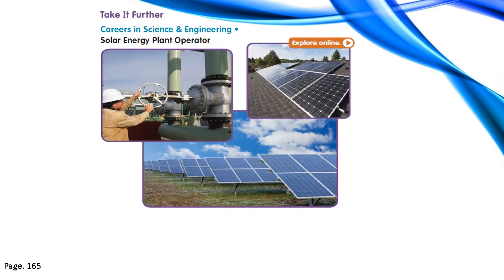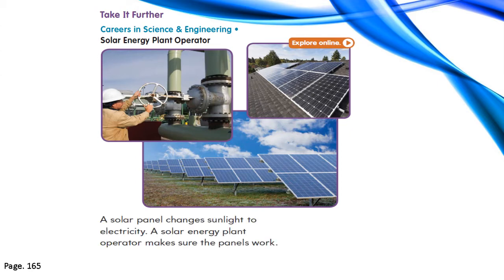Let's move on to page 165 in our science book, where we will talk about solar energy plant operator. A solar panel changes sunlight to electricity. A solar energy plant operator makes sure the panels work.